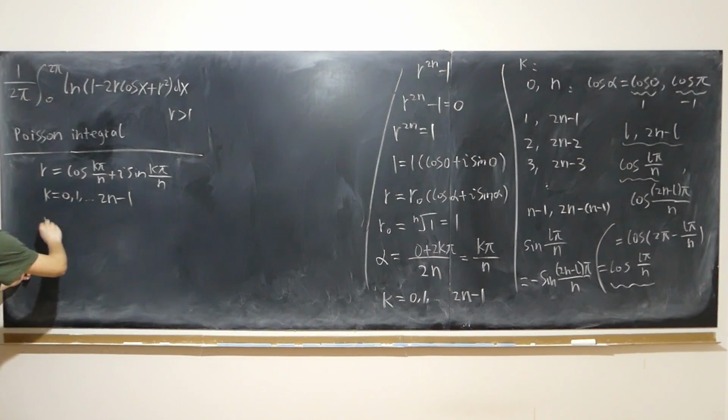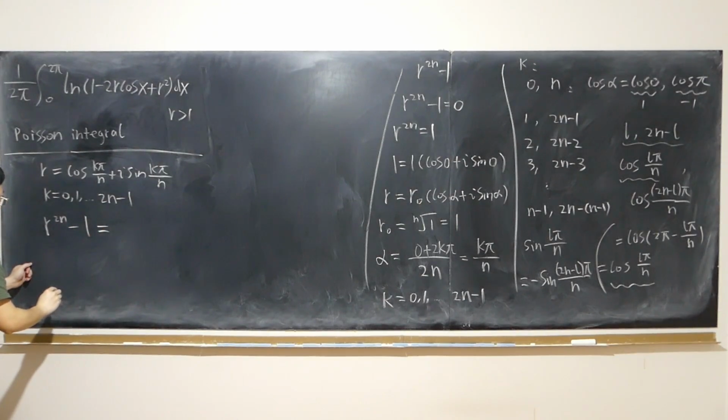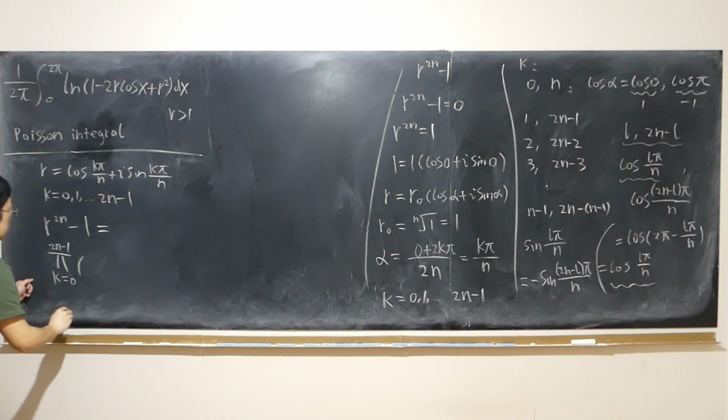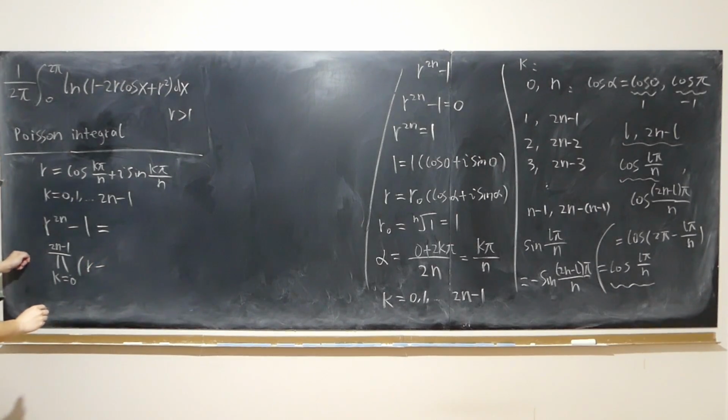So in other words, r to the power of 2n minus 1 can now be written into a finite product, where k goes from 0 all the way up to 2n minus 1, where I have r minus each root.